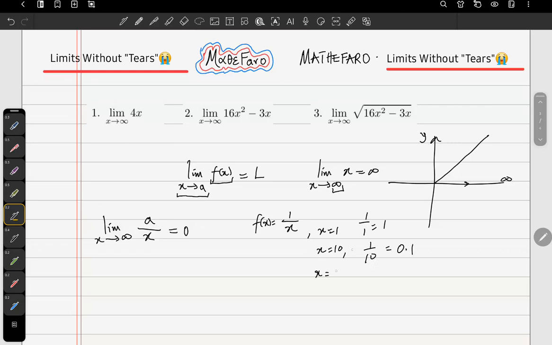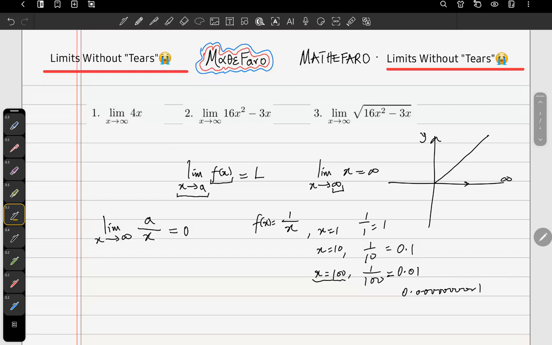When x is equal to 100, you can imagine what is happening. We keep getting smaller and smaller, 0.01, and so on. If x becomes larger and larger, we get 0.000000000, something getting closer and closer to 0.